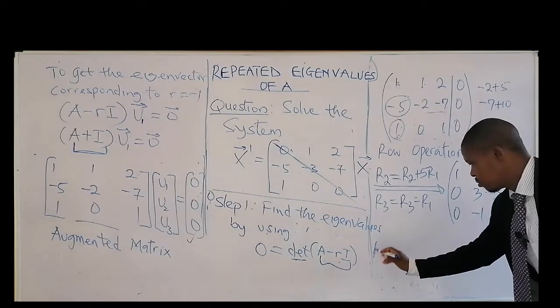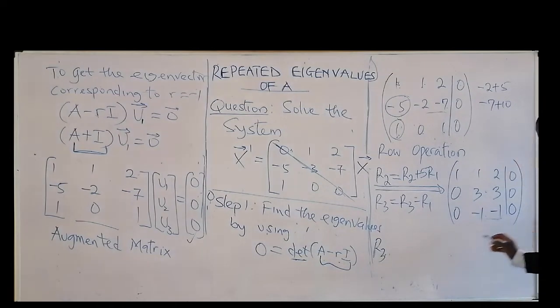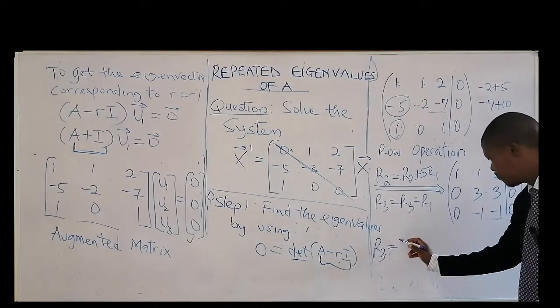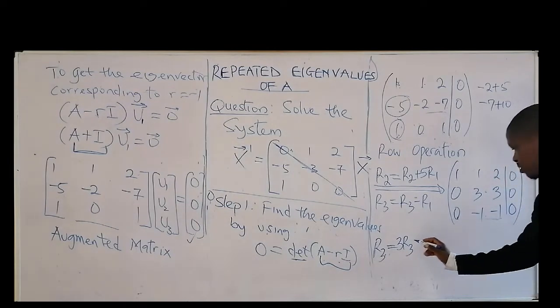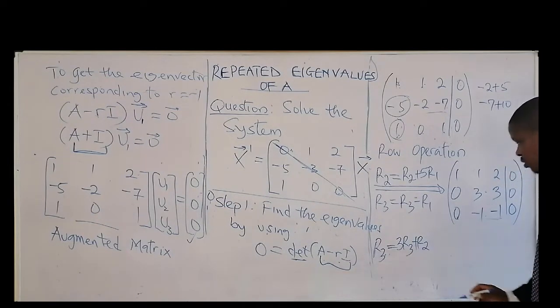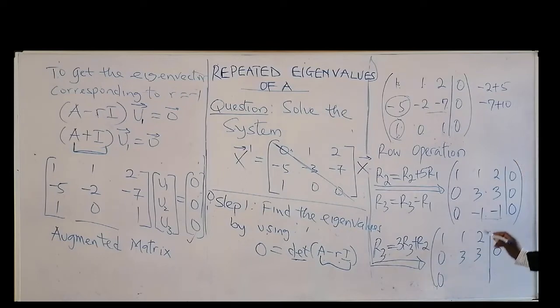I want to make it all zeros, but it's not compulsory, since I already have 0 here, 0 here, 0 here. Row 3 plus row 2: this is 0, this is minus 3 plus 3, that's 0, this is minus 3 plus 3, that's 0 also. So this is what I have now.